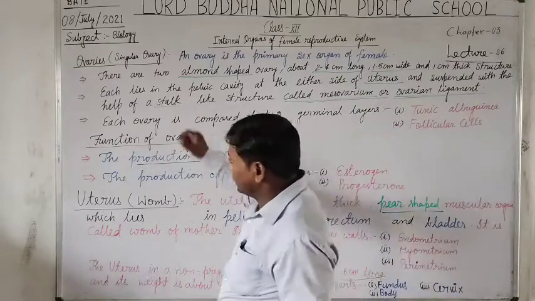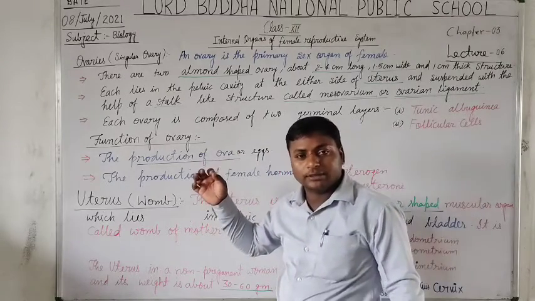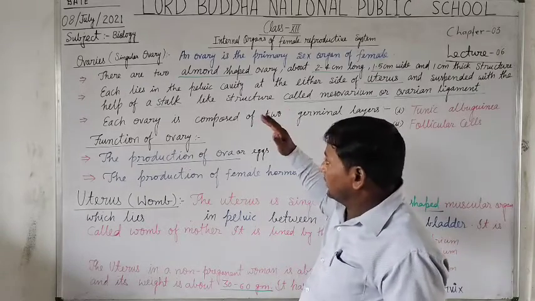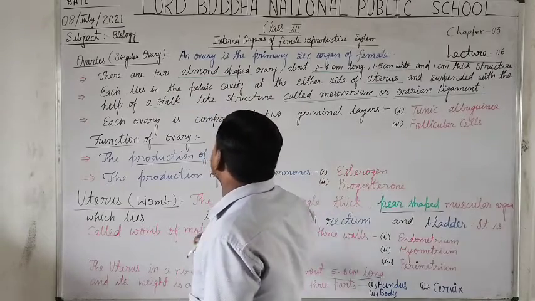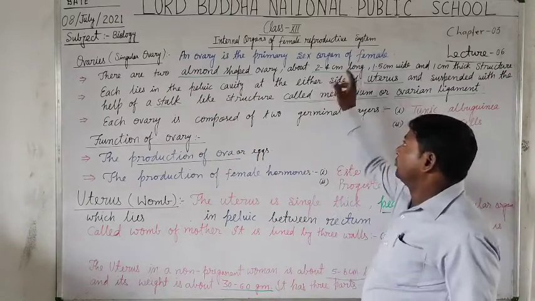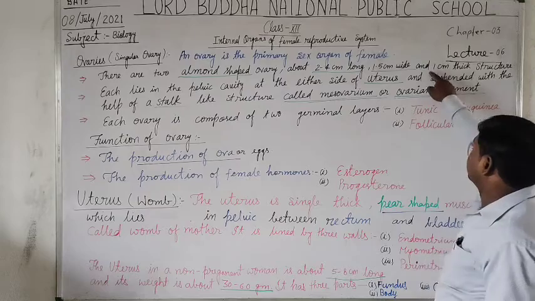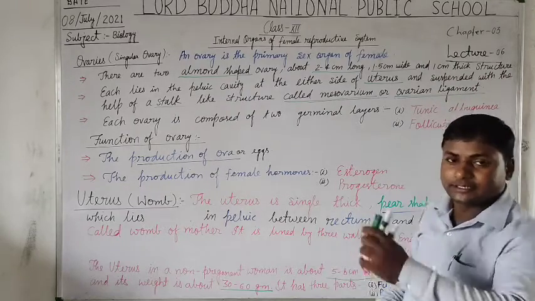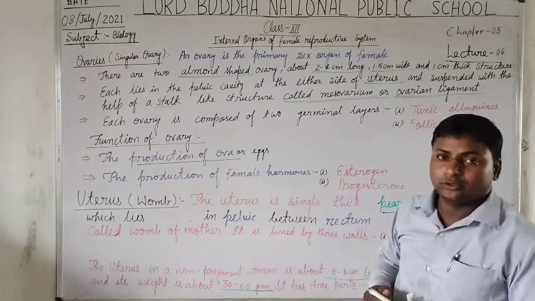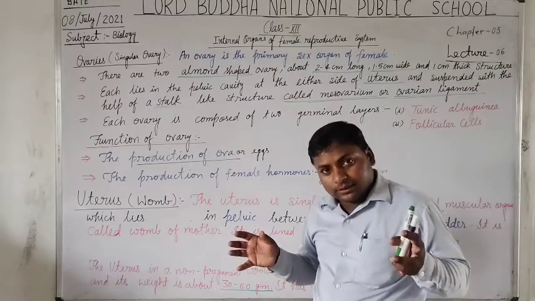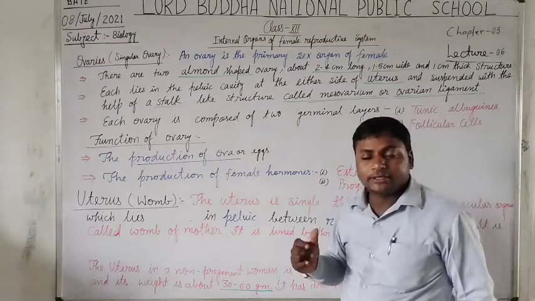Students, if we discuss the shape, size and structure of the ovary, we find that there are two almond-shaped ovaries, about 2 to 4 centimeters long, 1.5 centimeters wide and 1 centimeter thick, lying on either side of the uterus, just below the pelvis region.